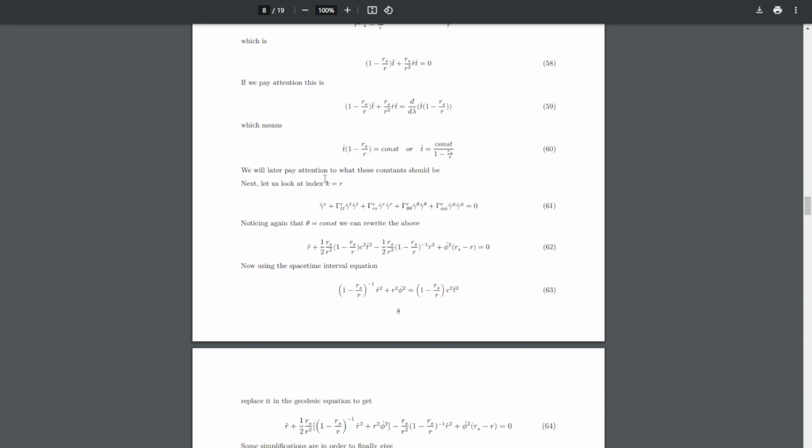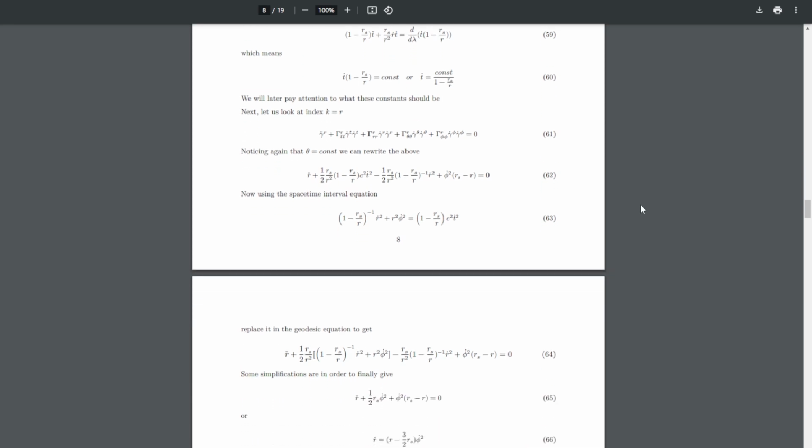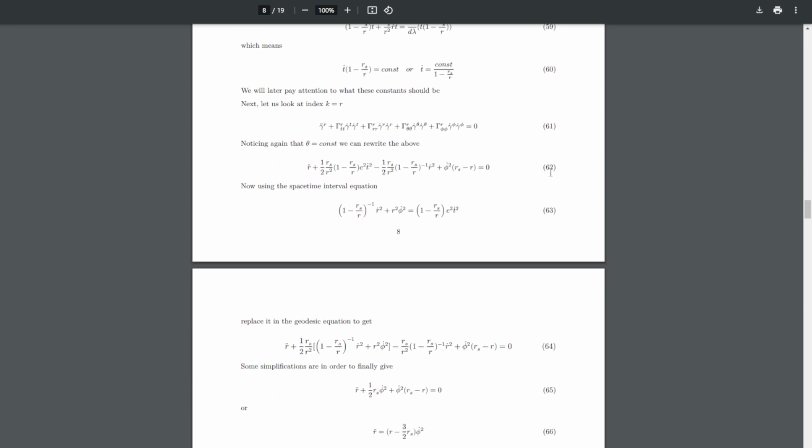Next, we can substitute r for k. We, of course, pick the only non-zero Christoffel symbols that have the upper index to be r. It's these ones right here. Again, the gamma dot theta is 0 because we are not going out of the equatorial plane. And we end up with this a little bit longer of an equation.